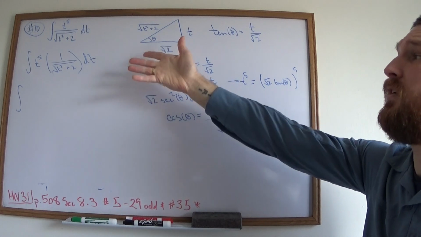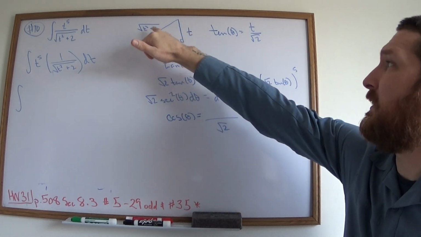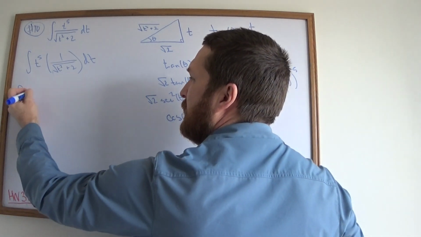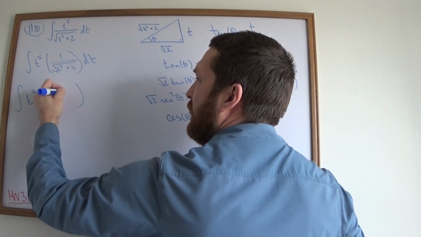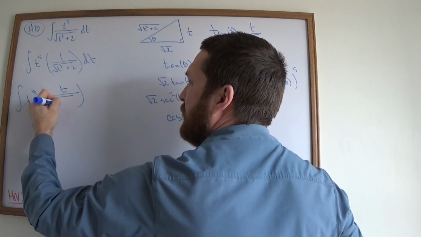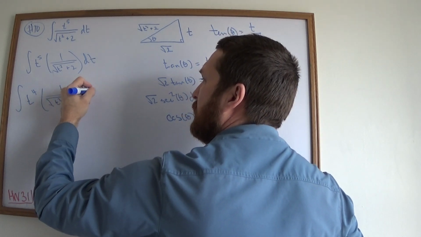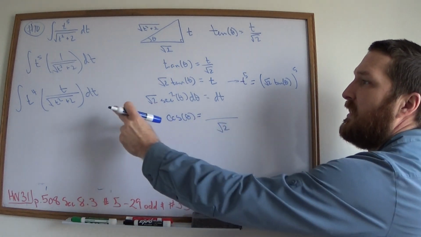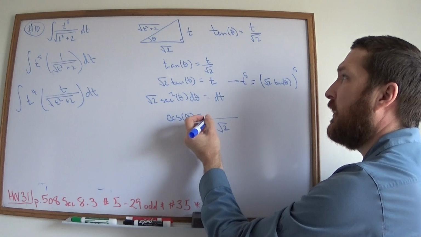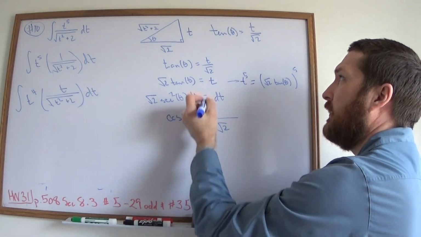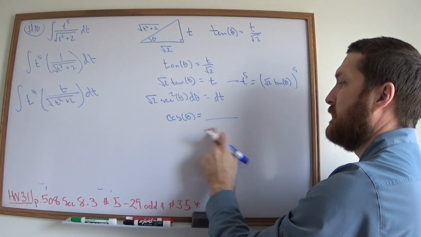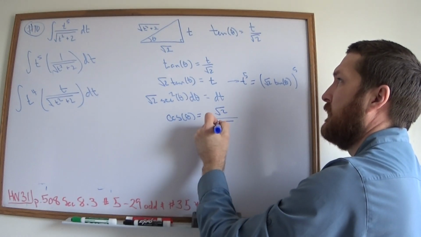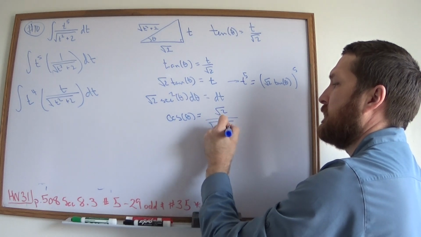I could have broken this up this way, t to the fourth, and then said t over this right here, t squared plus 2. In fact, let's do both of them. In this case, it gives us this. In this case, I'm looking at cosine. Cosine theta is the root 2 over this stuff, t squared plus 2.